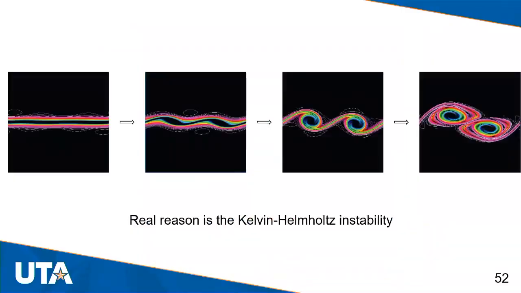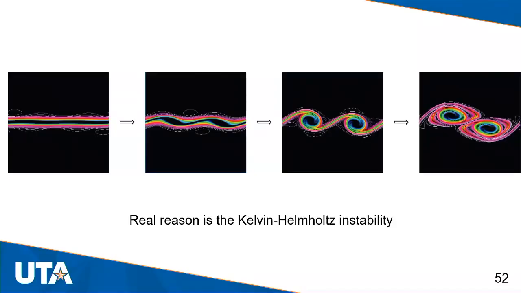So the real reason is Kelvin-Helmholtz instability, and in Kelvin-Helmholtz instability, you will form two vortex centers, right? The condition of Kelvin-Helmholtz instability is strong shear, right?